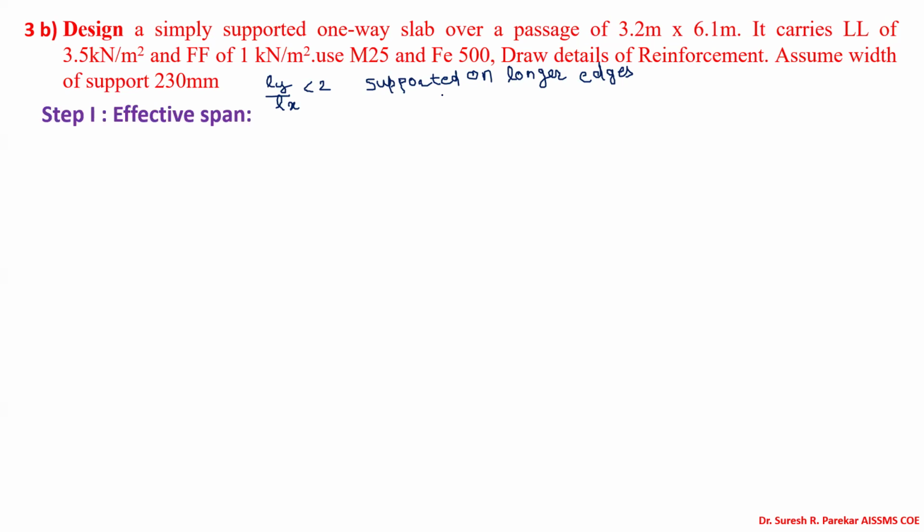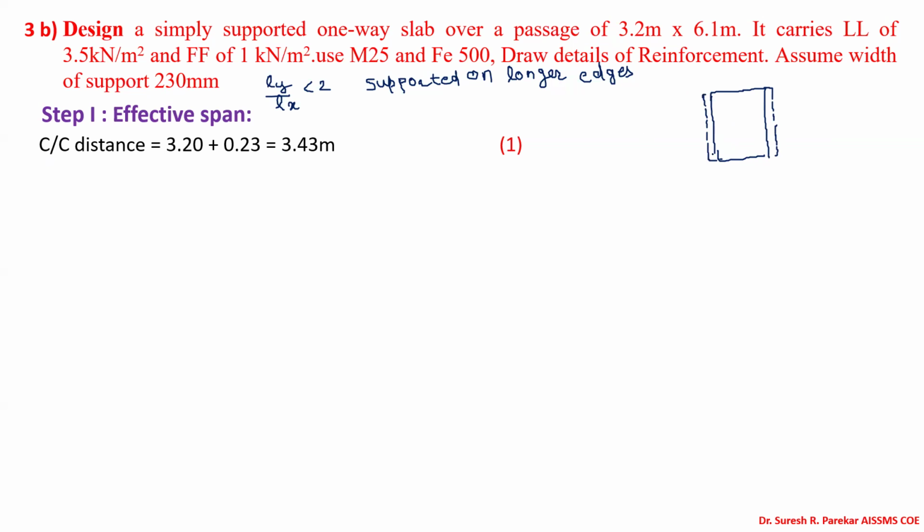So we will go now for effective span a little bit fast. Center to center, clear span. Now it is given, passage. So we have to add width of support, which is given 230. We have supports on both sides.